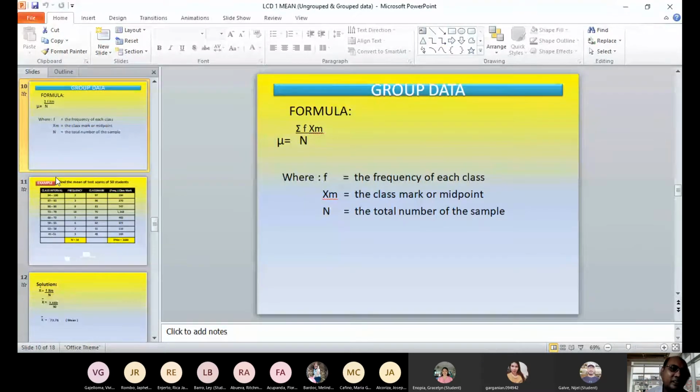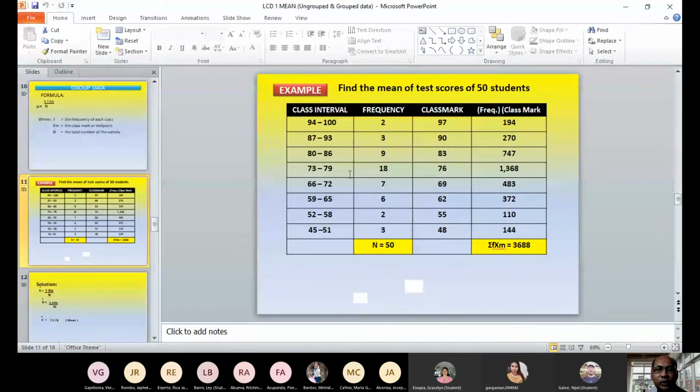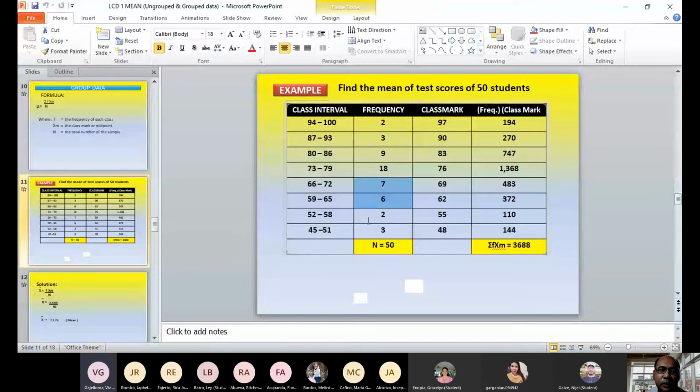Okay, for example, given ang frequency distribution table, the first 2 columns only. This is a given. Now, 50 students. So to determine the number of populations, again, you are going to sum up or add the frequency.